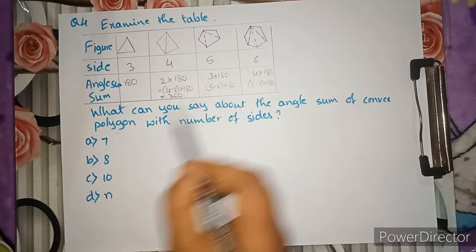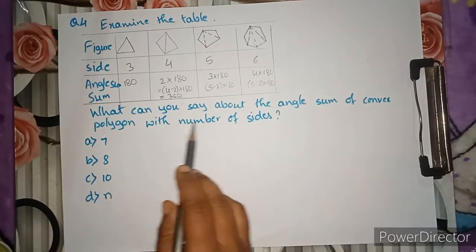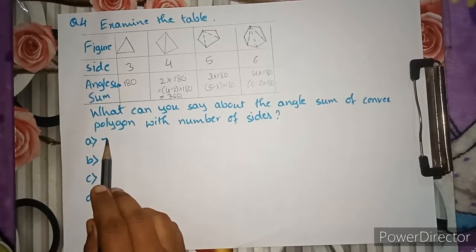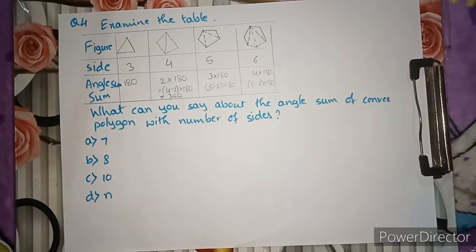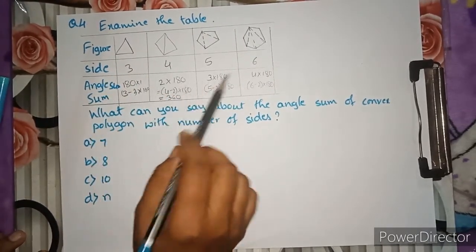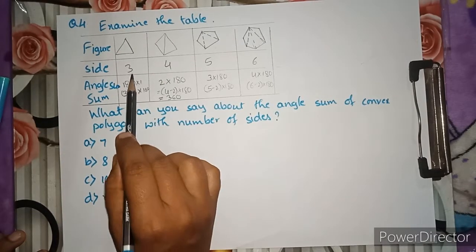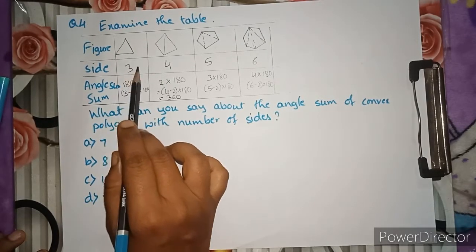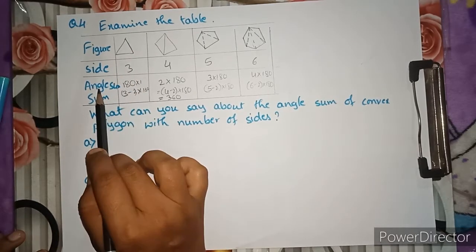In the same way, what can you say about the angle sum of a convex polygon with the number of sides? We have number of sides 3 here. So by observing this table we came to know that number of sides minus 2 into 180 is the angle sum.